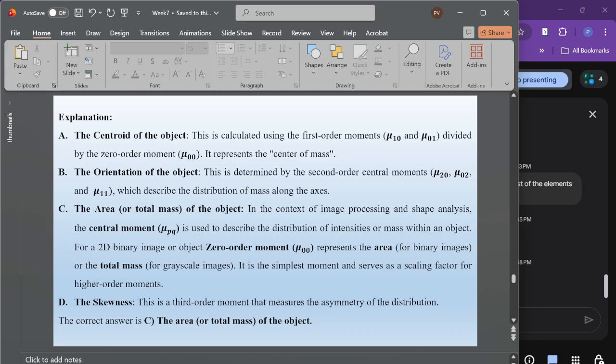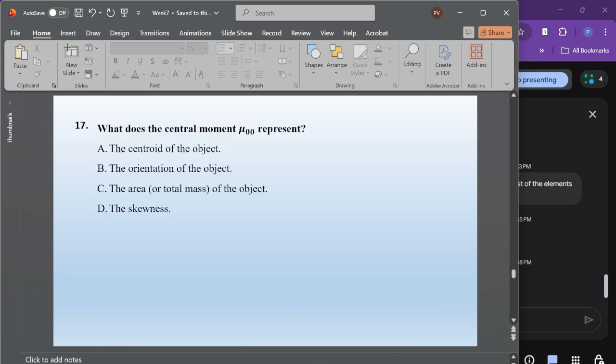For a 2D binary image or object, the zero order moment, mu 00, represents the area for a binary image, or the total mass for a grayscale image. It is the simplest moment and serves as a scaling factor for higher order moments. And skewness, a third order moment, measures the asymmetry of the distribution. So the correct option is option C, the area or total mass of the object.